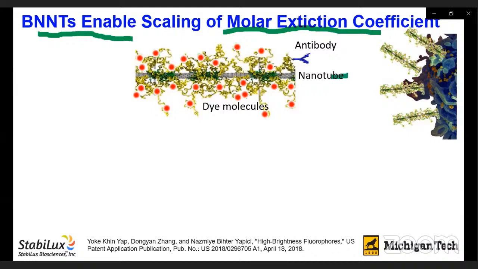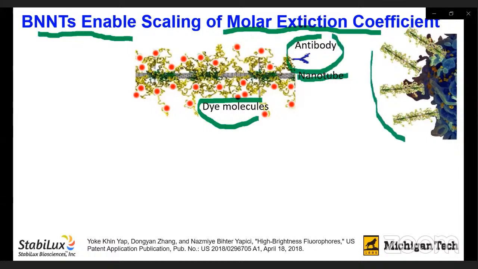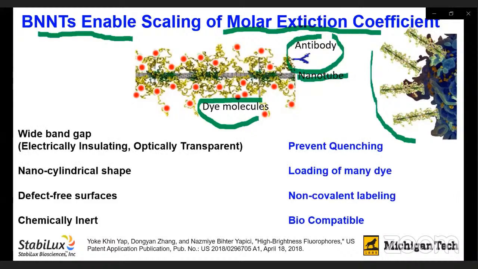We use boron nitride nanotubes as the carrier of a series of dye molecules and an antibody. By doing so, this whole fluorophore will be able to specifically recognize the biomarker on blood cells. The nature of boron nitride nanotubes, including their electrically insulating and optically transparent properties, can prevent the quenching of the dye molecules.